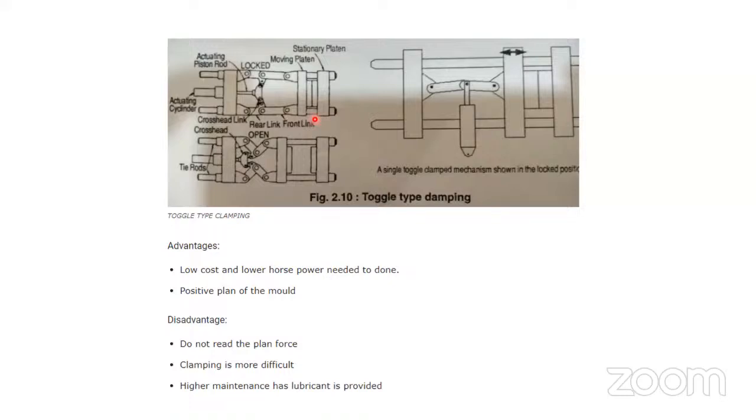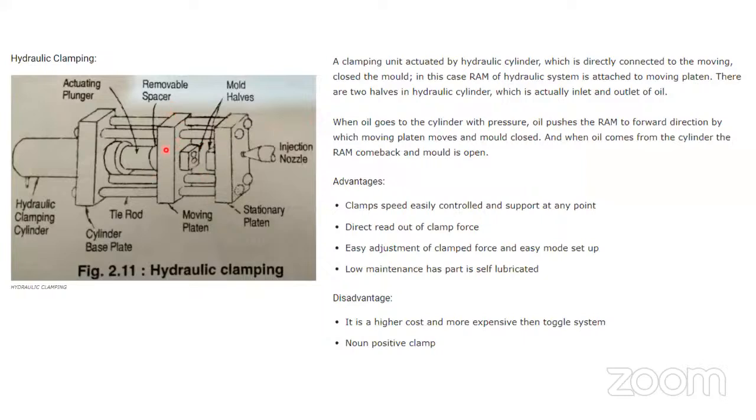But in this case, the pressure is here, the clamping, the oil coming here like this. And it will not give the constant force. Suppose you need 120 force, but it is 120, 119, 118, 117, 118, 119, 120, like that.